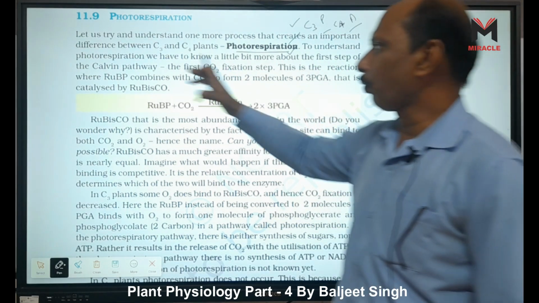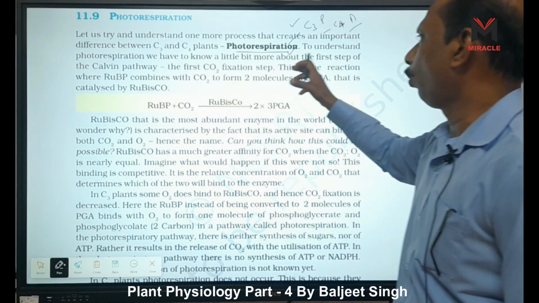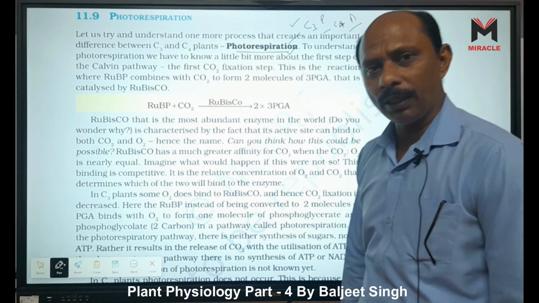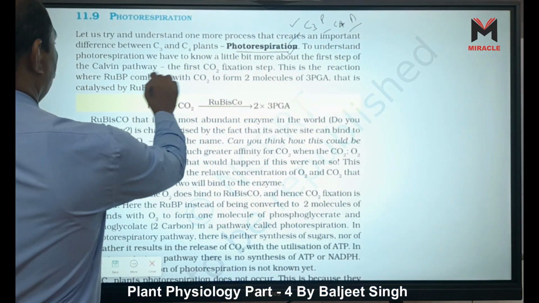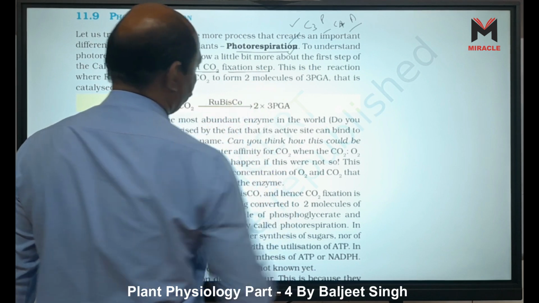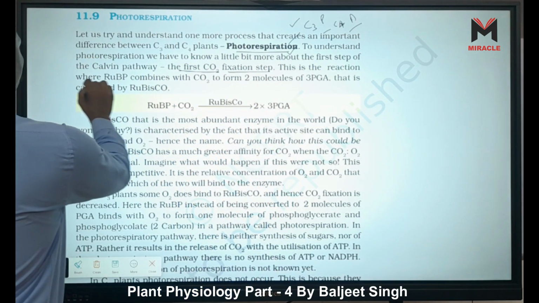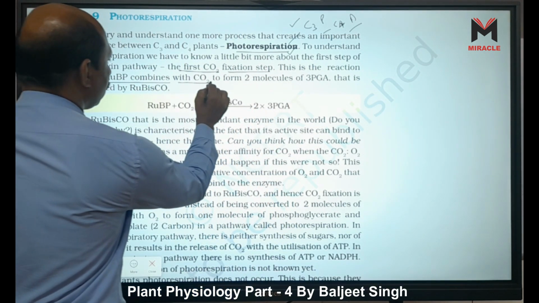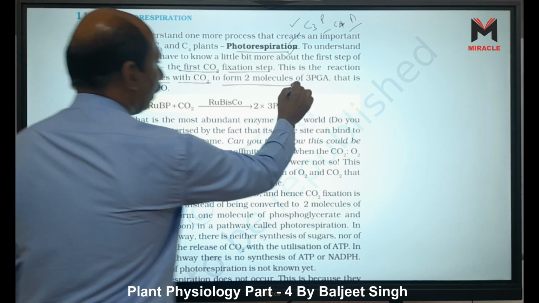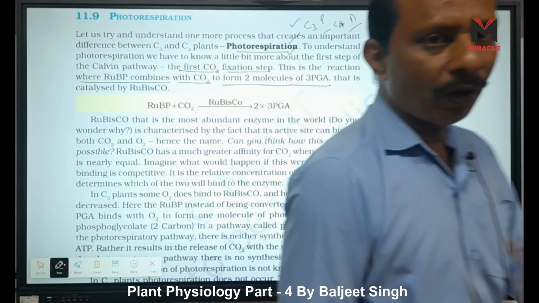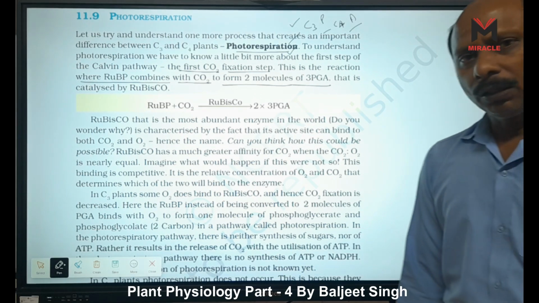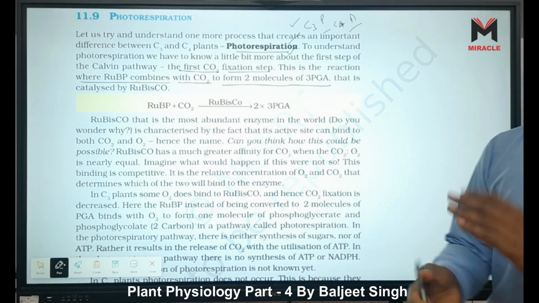To understand photorespiration, we have to know a little bit more about the first step of the Calvin pathway, that is the first CO2 fixation step. In this reaction RuBP combines with CO2 to form two molecules of 3-PGA. RuBP, a 5 carbon molecule, binds with one carbon dioxide and becomes a 6 carbon molecule.